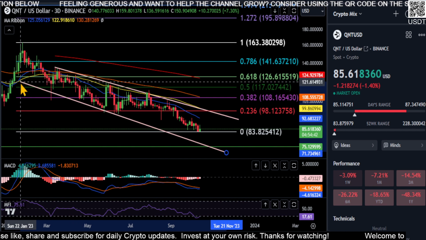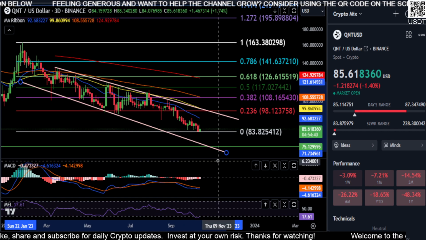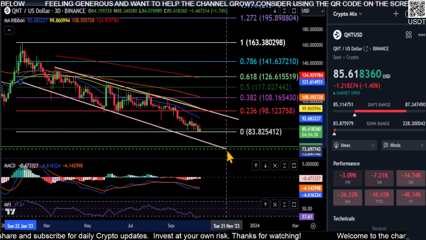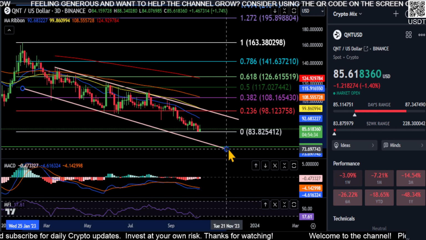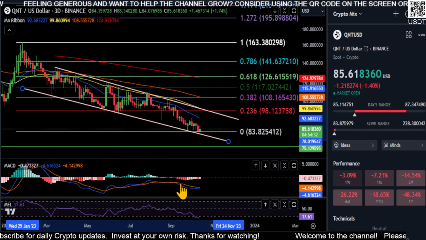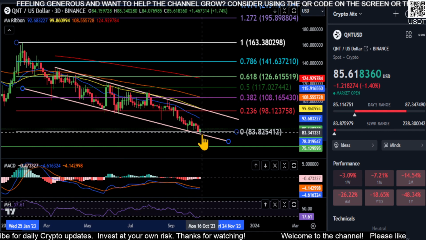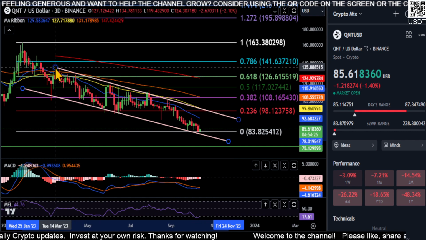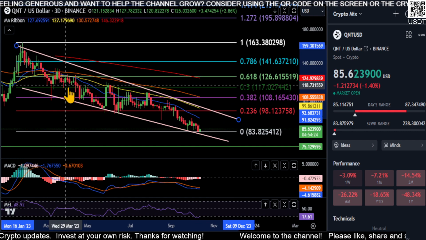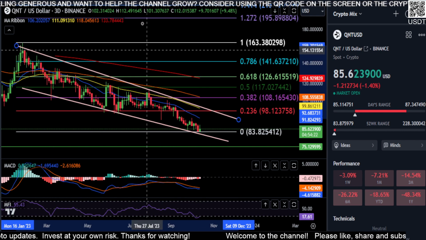So there is a case to be made that the bottom is in here. You can see that kind of screws up our wedge and our channel pattern if we adjust that there. So there is a good chance that off of this bullish divergence, off of this pattern, that this $83 range is the bottom finally for QNT, and we're about to finally start going up here. So we'll see how it plays out.